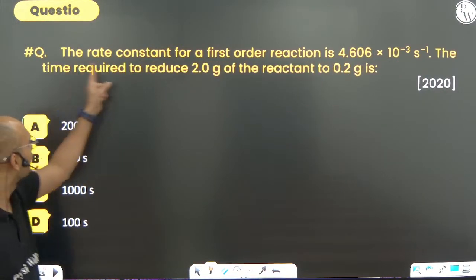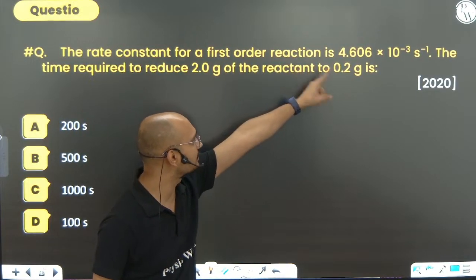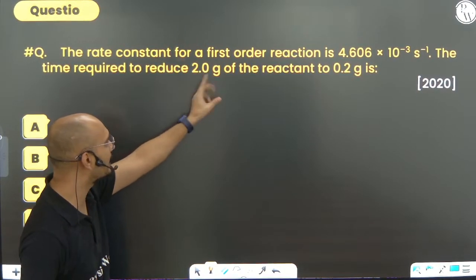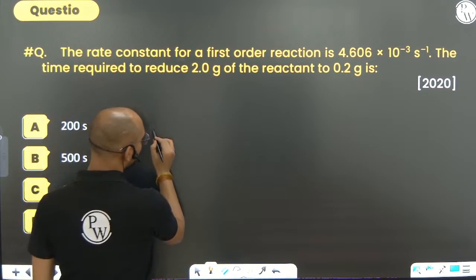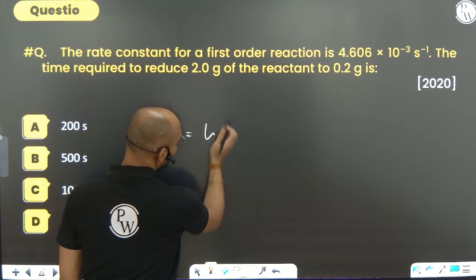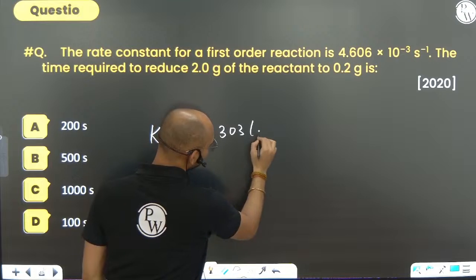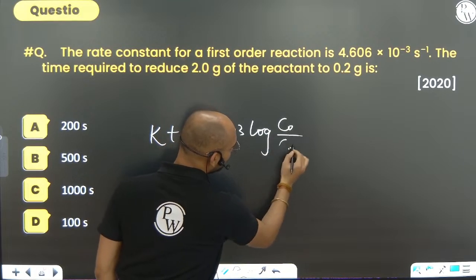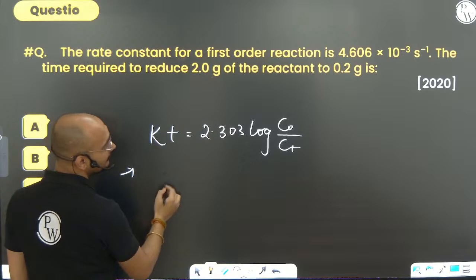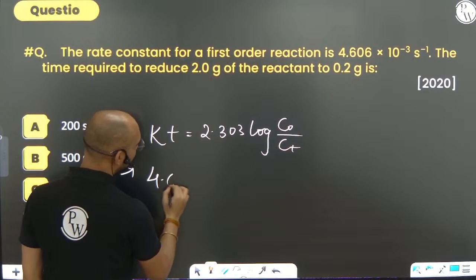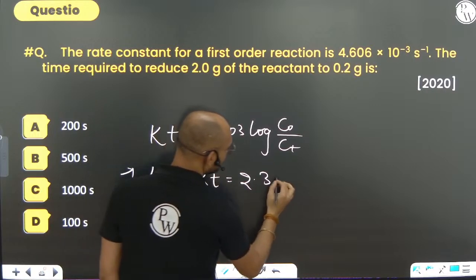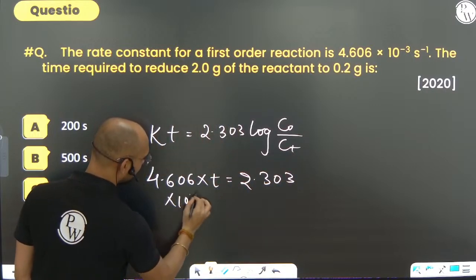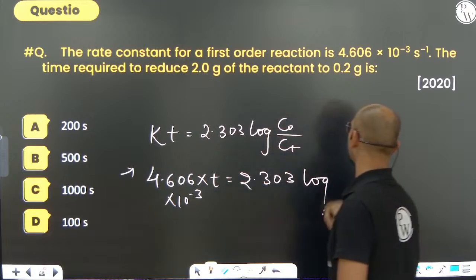Not a big deal. Easy. Next, the rate constant for the first order reaction is this much. The time required to reduce 2 gram to 0.2 gram. You can see that there is no relationship here, so use the integrated expression: kt equals 2.303 log of C naught by Ct. K is given and it is asking for time. So put in the value of k: 4.606 into t equals 2.303 into 10 to the power minus 3, into log of C naught by Ct.